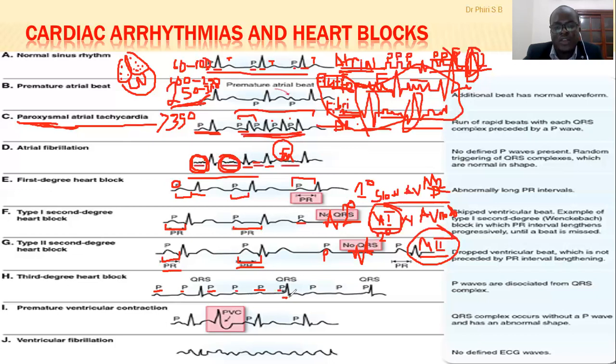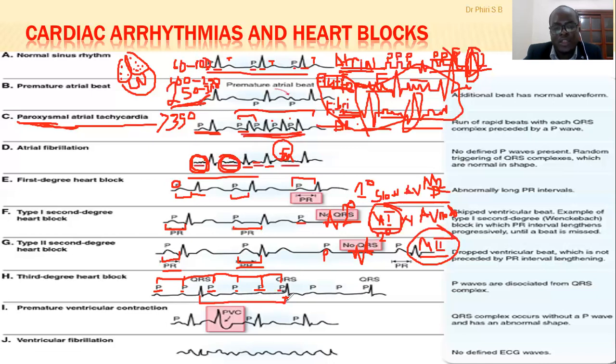But one thing that you need to know is that the PP interval will be consistent. So from this P to another P, it will be the same time or the same distance. So you have consistent P to P interval. Then you have consistent Q to Q interval, R to R interval, or QRS to QRS. So you can see this distance from this QRS to another QRS.